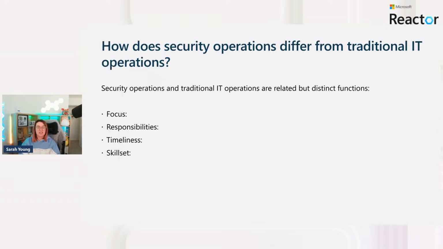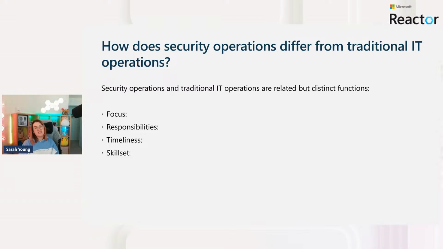Whereas security operations are looking at threat detection, vulnerability management, which we've talked about, and security monitoring. And then in terms of the timeliness, IT operations will always emphasize immediate availability and performance.